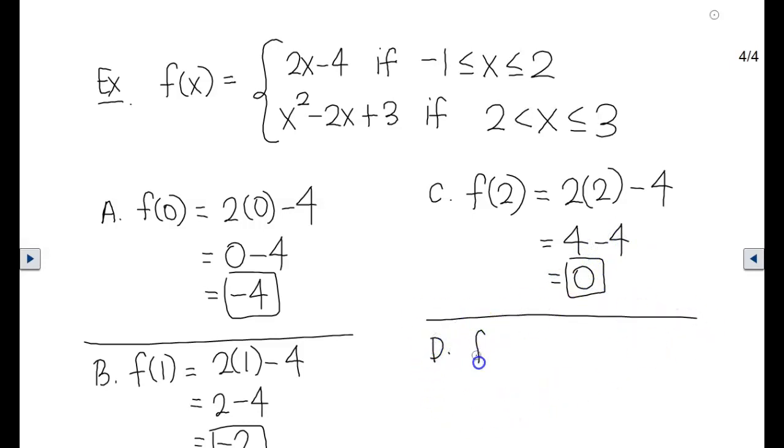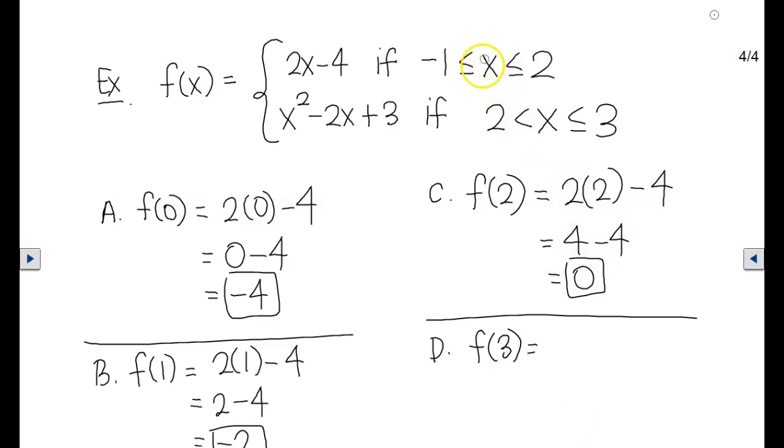One last one. Let's do f of 3. Now again, I'm going to input a 3 for x into either the first piece of the function or the second piece of the function. To figure out which piece to use, I take this 3 and I see which domain it fits. It's definitely not the first one.